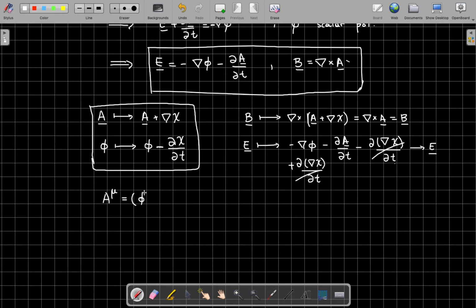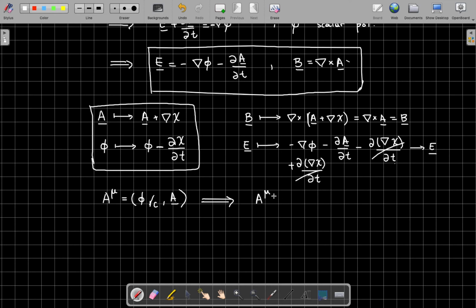And this quantity has components phi over c and A. Okay? Now, if I define this, then these gauge transformations take on the following very simple form.